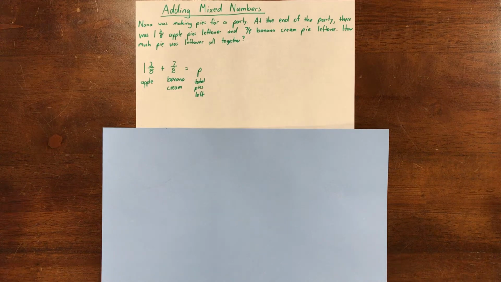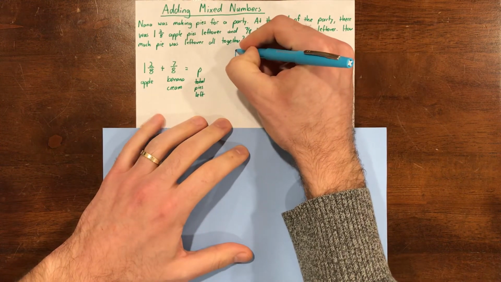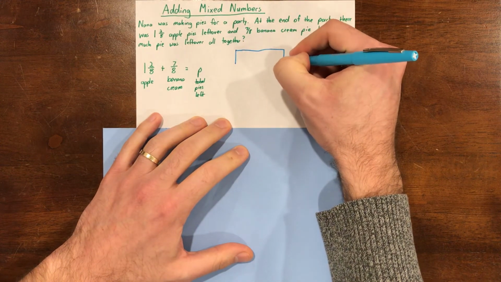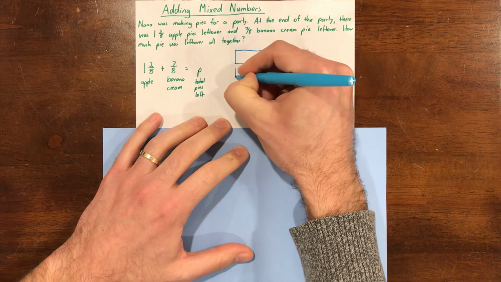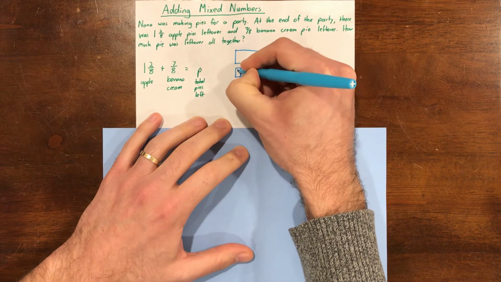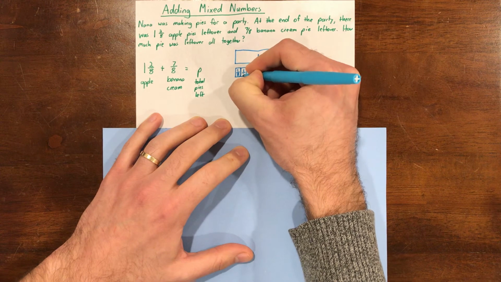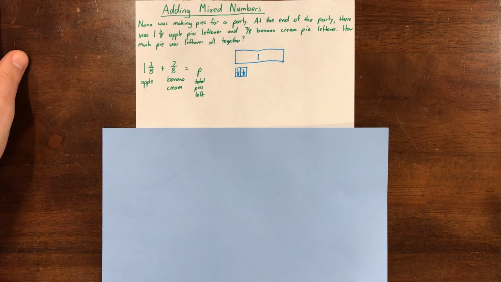I'm going to represent 1 2/8 as one whole and then 2 1/8 pieces, just like fraction tiles. Okay, great. Then I'm going to represent 7/8 as 7 1/8 pieces.